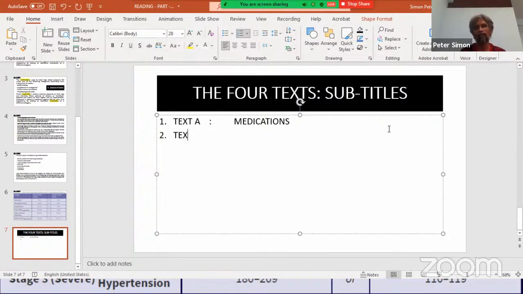Text B is regulations. Text C is indications.